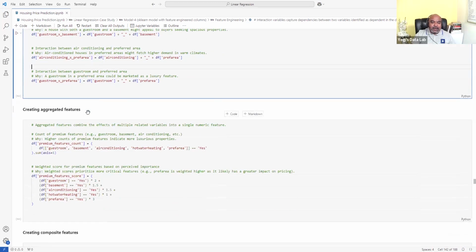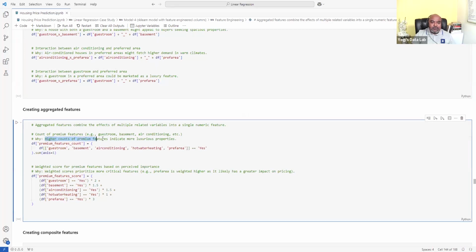Then I am creating some aggregated features. Higher counts of premium features indicate more luxurious properties. So I have picked up guest room, basement, air conditioning, hot water heating, preferred area. If it is yes, I'm just summing them up. These are like additional features, right? These are luxurious facilities that you can get in a home.